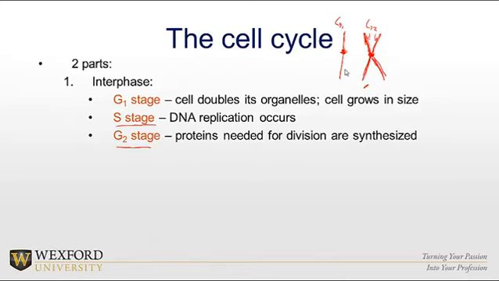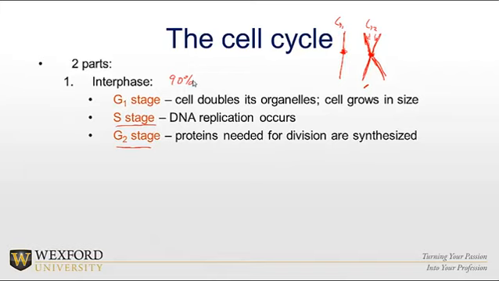Okay? So once again, going over interphase, this is more than 90% of the time. This is normal cell life. We've just got a normal cell doing what it needs to do. It'll keep growing, and eventually, when it knows it's going to replicate and go to the next stage, into mitosis, it'll be doubling its organelles, growing in size.